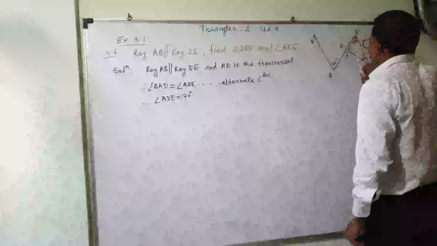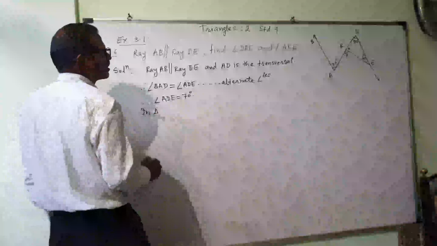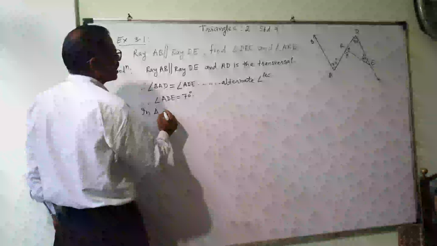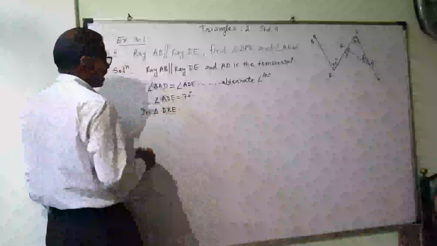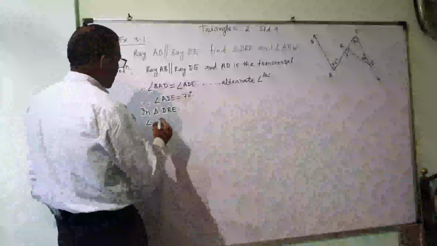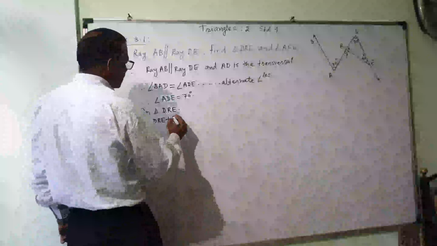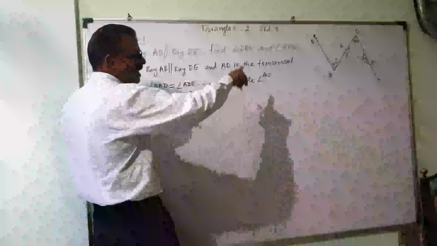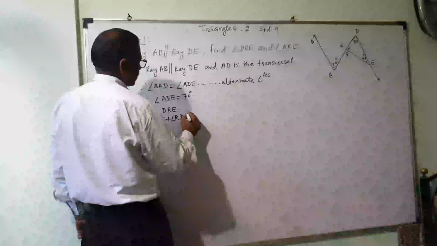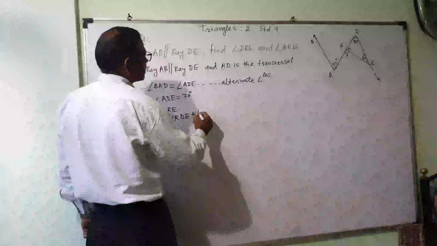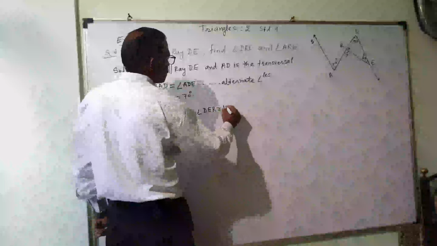Sum of this triangle, in triangle DRE, angle DRE plus angle RDE, means ADE, angle RDE plus angle DER is equal to 180 degree.